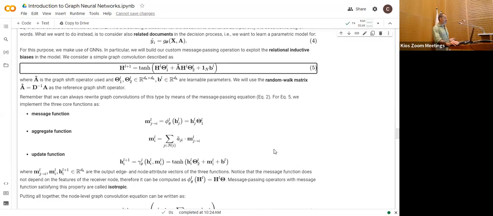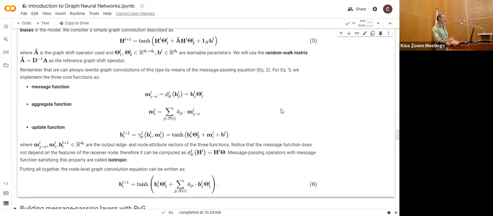So if this one is the message passing, these are the details. So this is the message. We do linear convolution. We aggregate all the messages coming from the neighbors. And then we apply an update function, which is a hyperbolic tangent. You can change whatever, I don't care. It is an example.